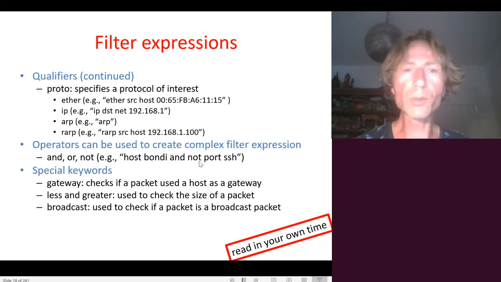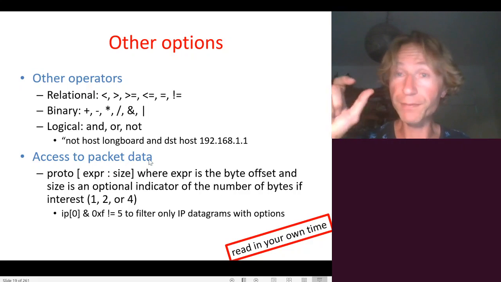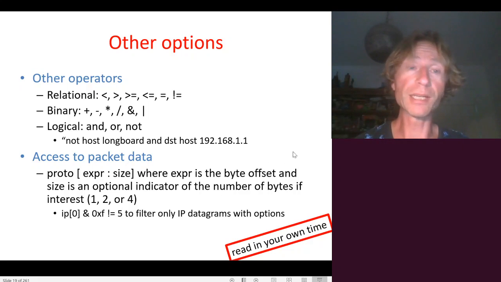Now we can combine all of these simple expressions to make complex expressions with and, or, not, and so on. And it has a bunch of special keywords. It has relational operators, less than, greater than, and so on, binary operators, logical and, or, and not, and it allows you to access specific bytes in a packet.